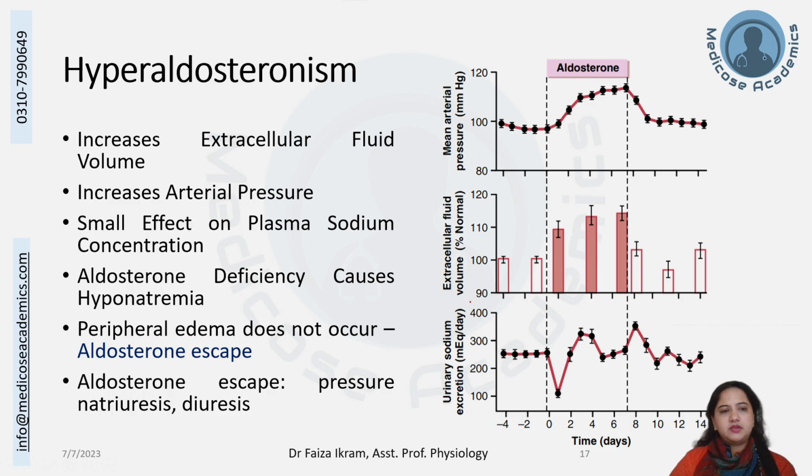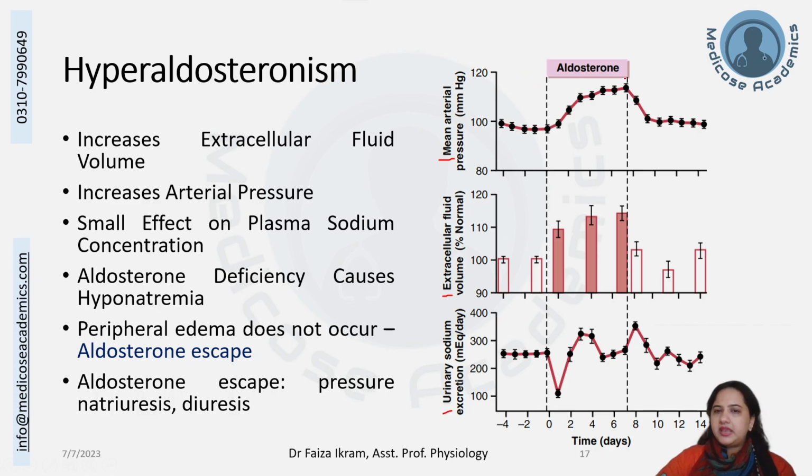In hyperaldosteronism, we have decided sodium is more, more water reabsorption, decreased potassium, decreased hydrogen ions, but there is one step further to this concept. Let's have a look at it. This is a graph from Guyton, which is showing three things on the y-axis: mean arterial pressure, extracellular fluid volume, and urinary sodium excretion.